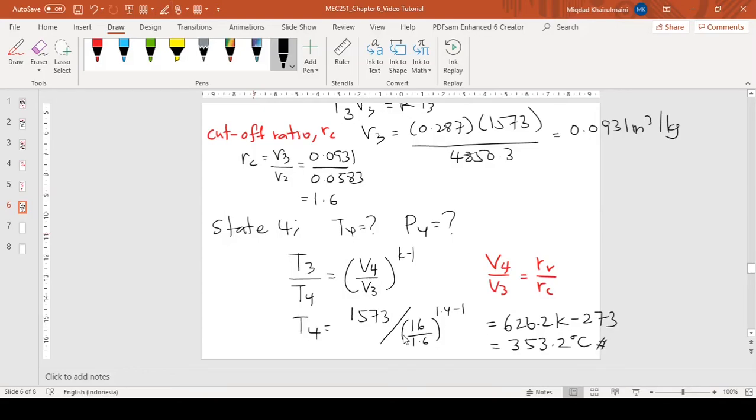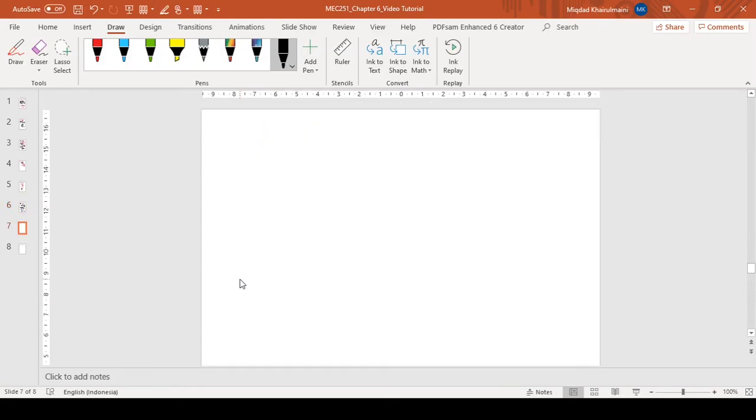For pressure, we can also use the isentropic relationship equation: P3 over P4 equals V4 over V3, the specific volumes, to the power of k.